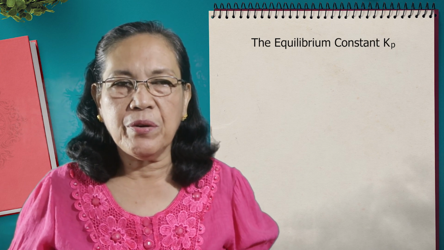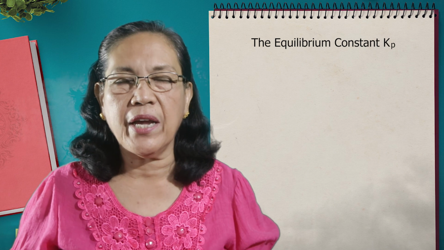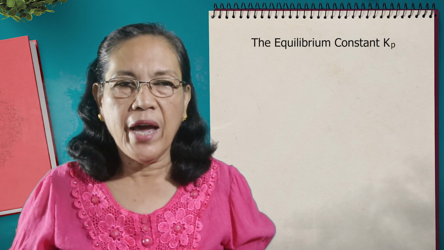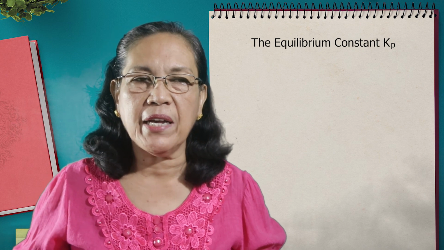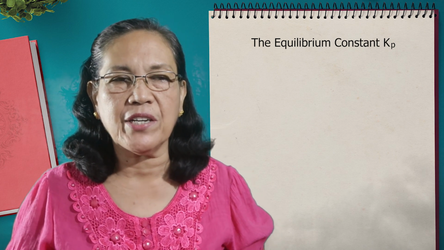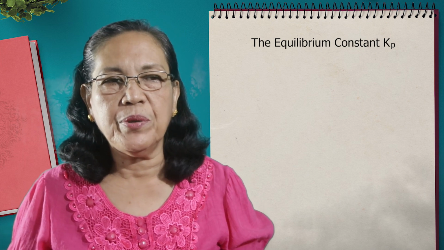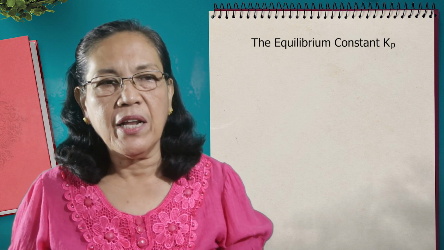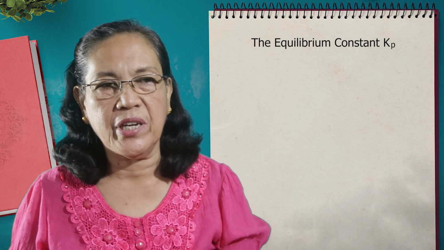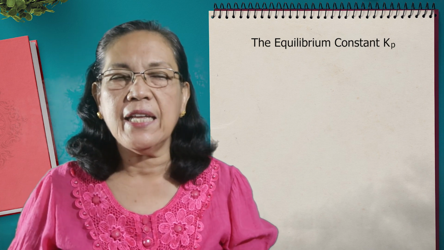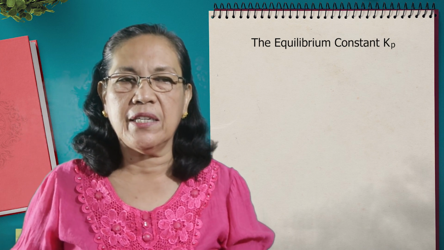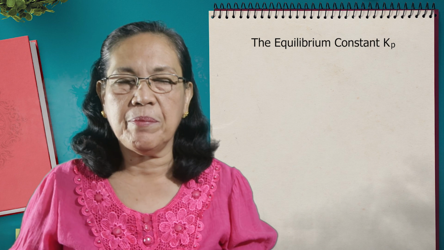But when you write the K sub P, or the equilibrium constant for this reaction, you have to balance the chemical reaction first. In balancing the chemical reaction, you need to put a numerical coefficient of 3 on hydrogen, and a numerical coefficient of 2 on ammonia as a product.